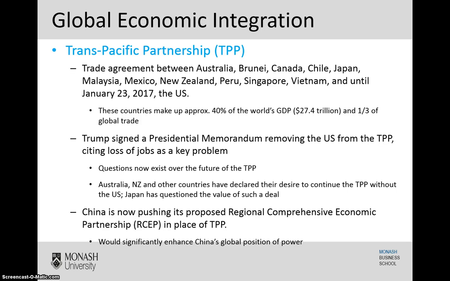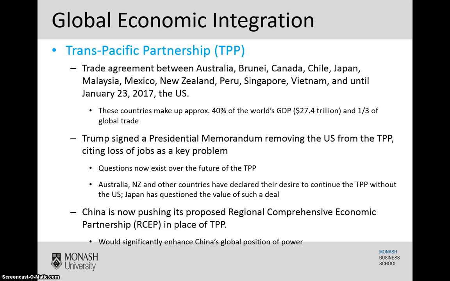Now, as I said, it wasn't that long ago that the US did decide to remove themselves from this trade deal, and it was something that Trump had made a priority in his election campaign. He actually signed a presidential memorandum removing the US from the TPP, citing loss of jobs as a key problem. So one of the similar concerns that he's expressed with NAFTA, he said this is also a problem with the TPP.